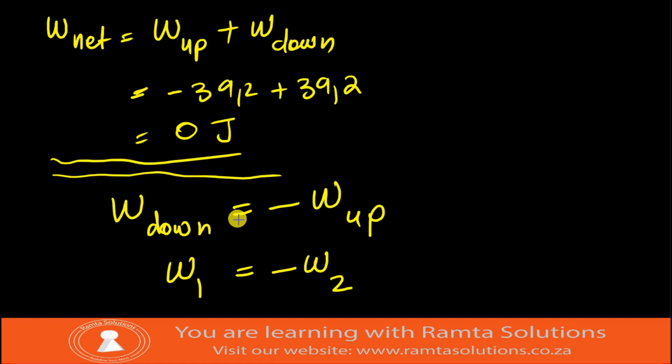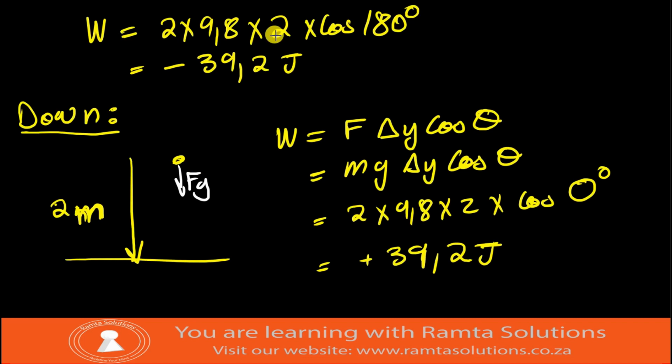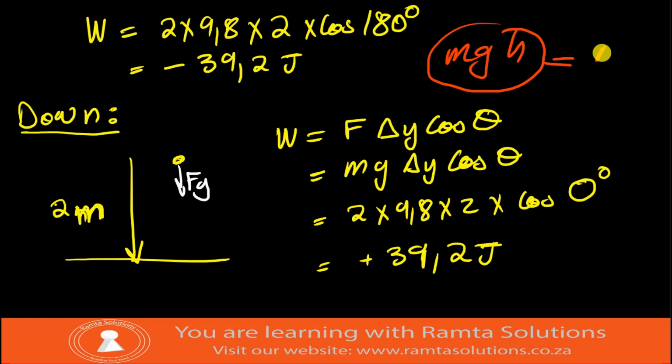But if you remember well, in our definition, we used mg delta y, which is similar to saying mgh. As you can see, this delta y is the height. It's similar to saying mgh, which we said was your potential energy, right?